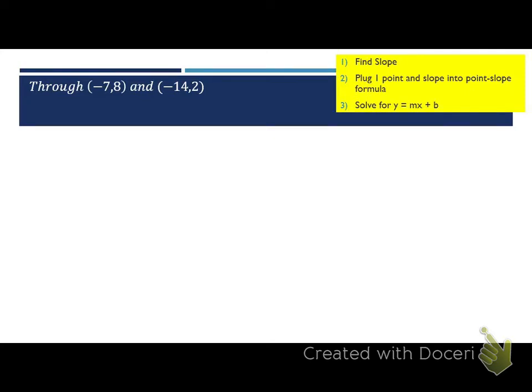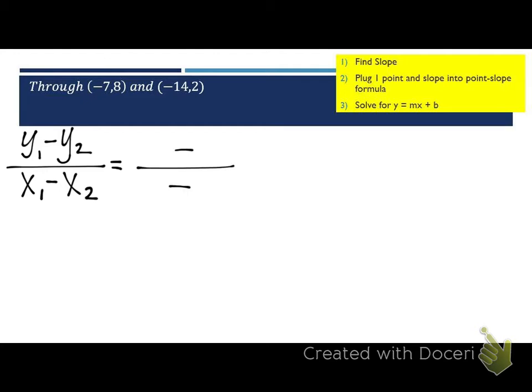So what do I do to find the slope if I know 2 points? y1 minus y2 over x1 minus x2. We have to find the slope using the slope formula. What's my first y? 8. And my second y? 2.